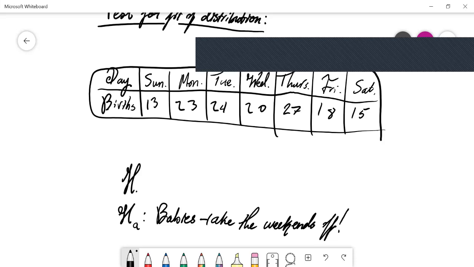Our null hypothesis is they work 24/7. So that is just more babies are born on the weekdays than the weekends, and we're just going to test that to see if, well, actually you are going to see fewer babies on the weekends. And from our data, it kind of looks like it.